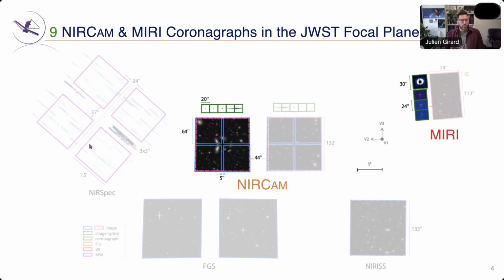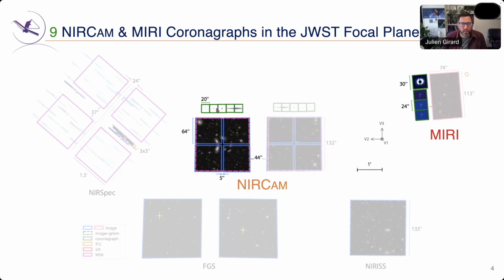So to step back a little bit, there are basically 9 coronagraphs on board JWST. 5 focal plane masks are in NIRCam, and those are this one. I think you can see my pointer. There are actually more on the B module, but we don't use this one.